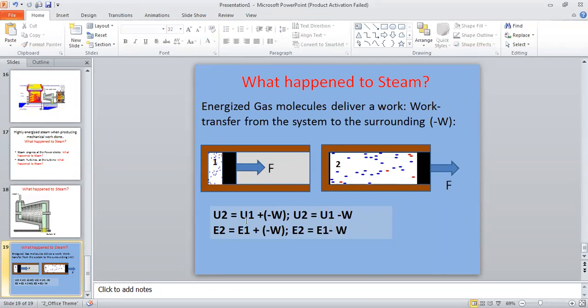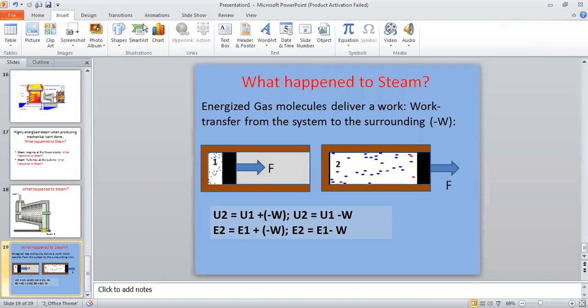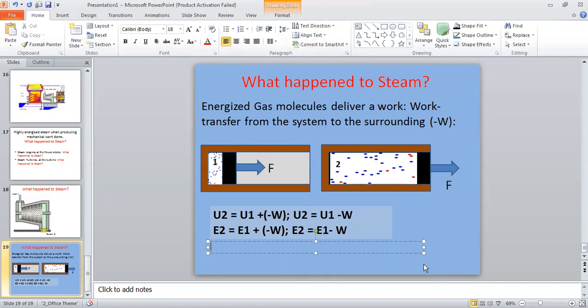So what happens? The energy level at 2 is lesser than the energy level at 1. So very simple. So one observation is the steam loses energy. Of course, the steam loses energy.